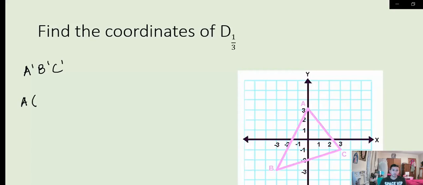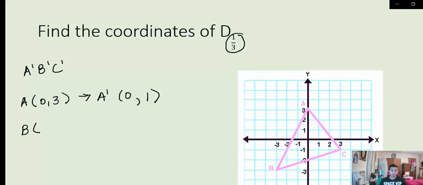So A prime, B prime, C prime. Your A would be 0, 3, and the scale factor is 1/3. So what will be our A prime? Meaning it goes smaller. Of course, your X will be 0, and then 3 times 1/3 will be 1.